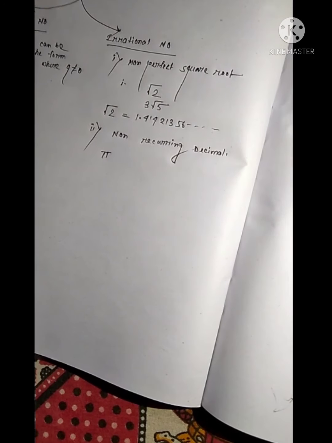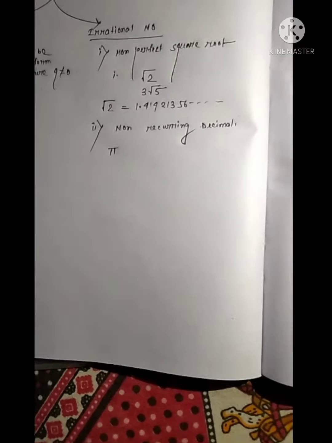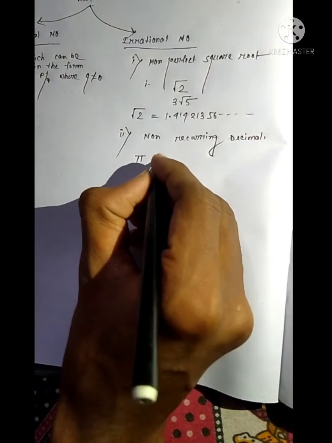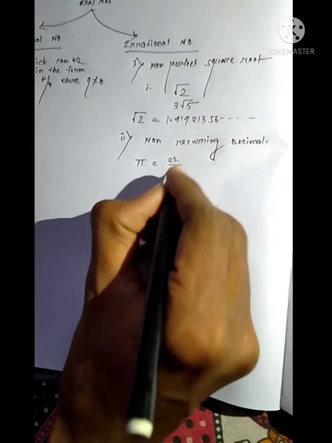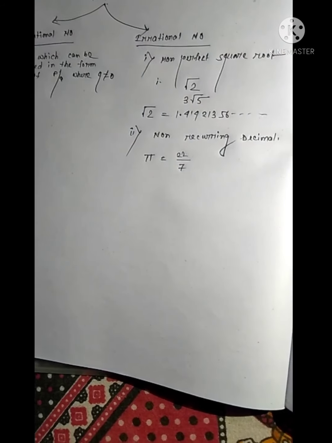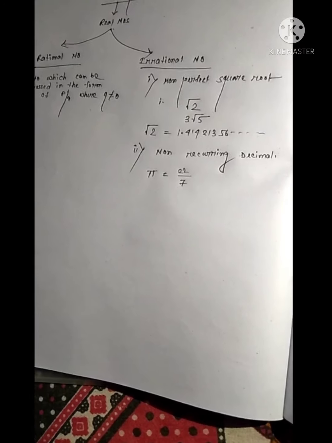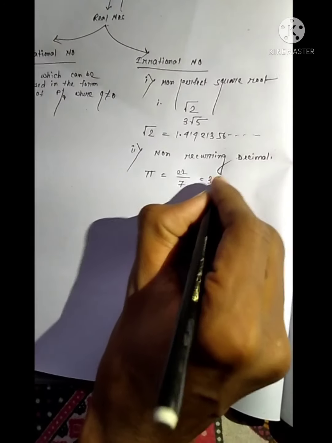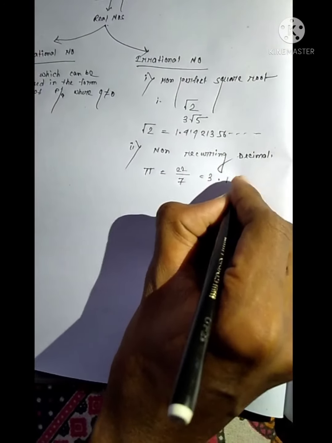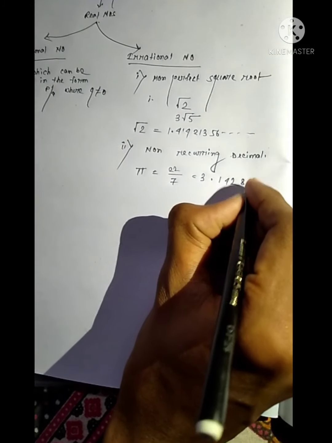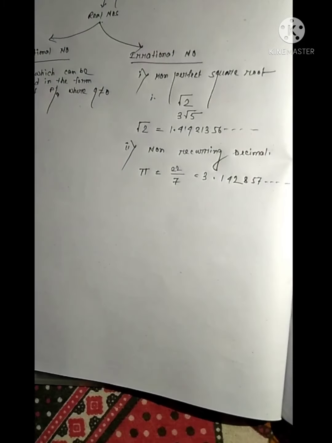If I say pi, what is the value of pi? We know pi is equal to 22 by 7. If we try to calculate the exact value of pi, it will be like 3.142857 and it will continue.